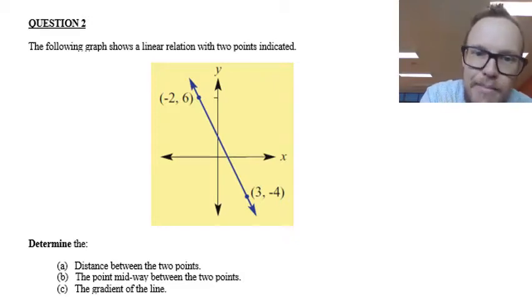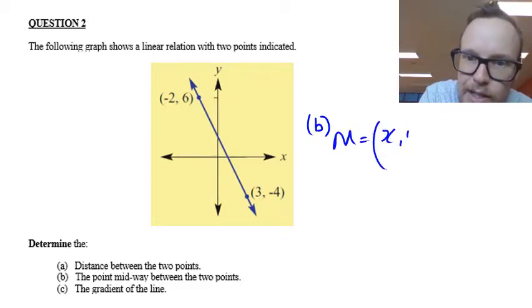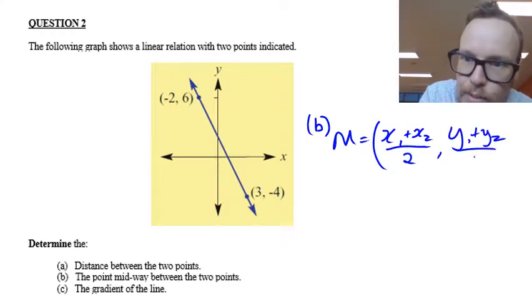So if we look at B now, we're looking for the midpoint between the 2 points. Our midpoint formula is x1 plus x2 divided by 2 and y1 plus y2 divided by 2. We're finding the average of the 2 points.